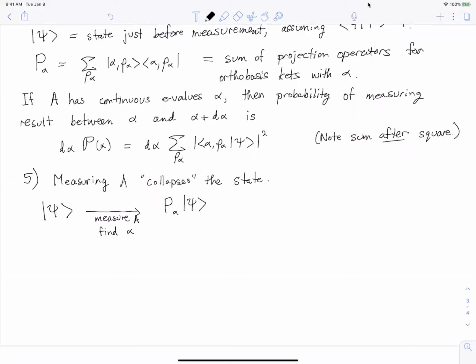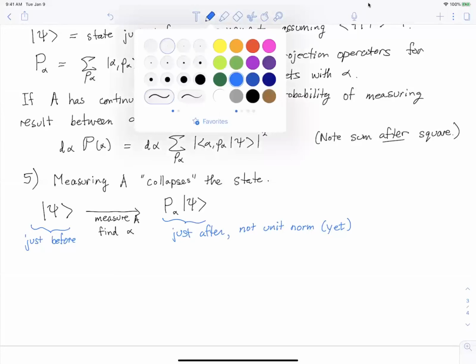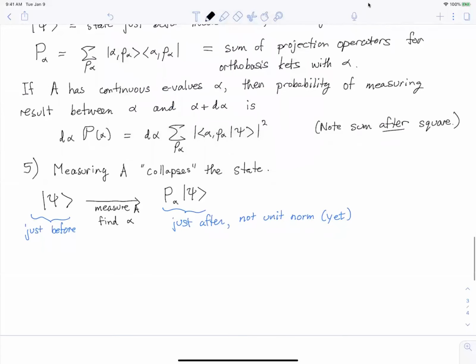So psi is the state just before, and this is the state just after the measurement. Notice that it's not normalized to unit norm, but you can always make it have unit norm by multiplying by 1 over the square root of its norm.